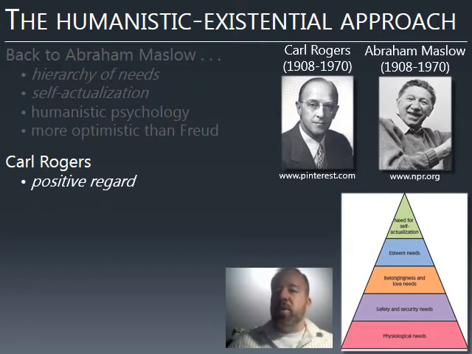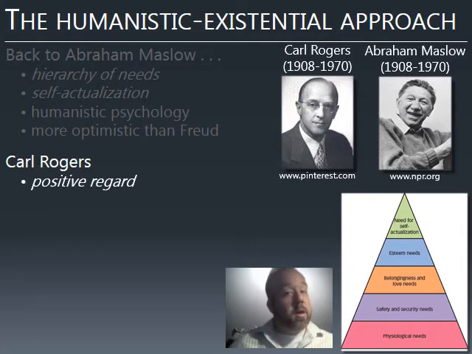And so this is especially important, Rogers thought, for parents to give their children what he called unconditional positive regard. The idea here is that even if the child breaks a rule or does what you don't want the child to do, that it is the behavior that should be focused on, and it is not an indicator that the child is a bad person in any sense.